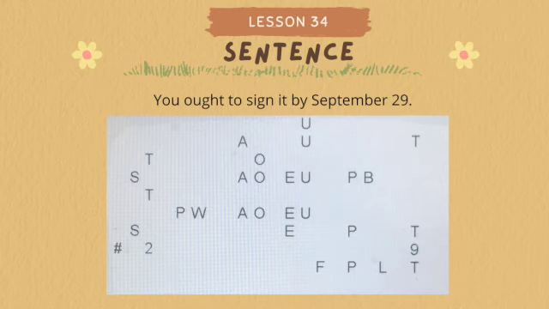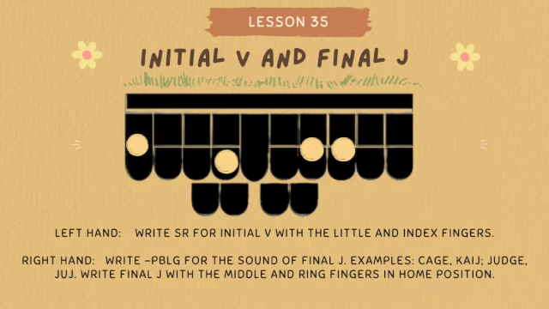Oh, we're almost done. Let's proceed to lesson 35. This will be our last lesson for this video. Okay, for lesson 35, we have initial V and final J. Using your left hand, write initial S and R for initial V with the little and index fingers.